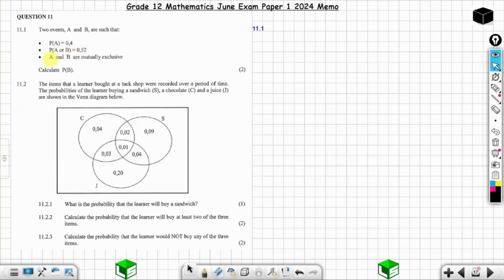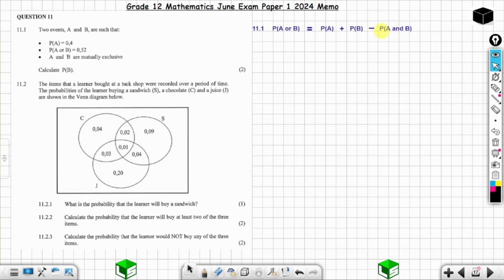Now, you are told A and B are mutually exclusive. Calculate the probability of B. 2 marks. So, this is the formula on the information sheet. The probability of A or B is equal to the probability of A plus the probability of B minus the probability of A and B.